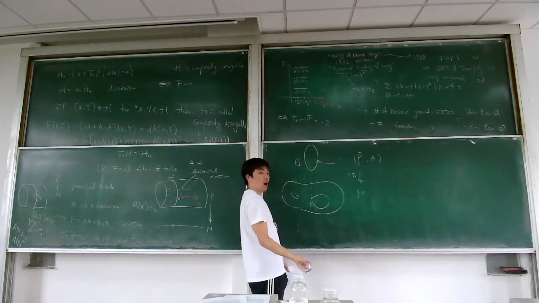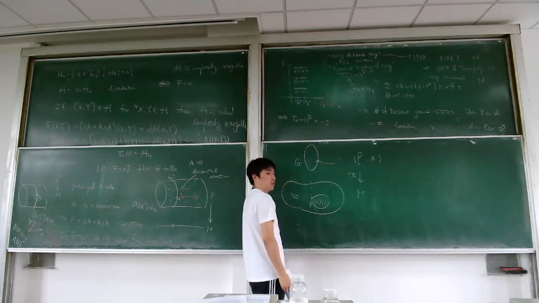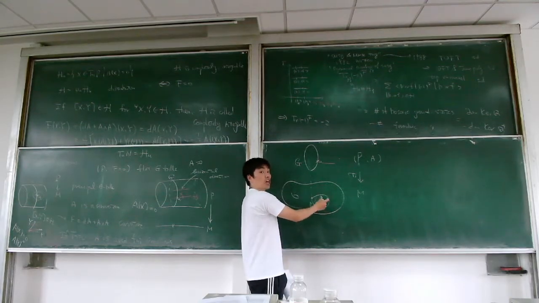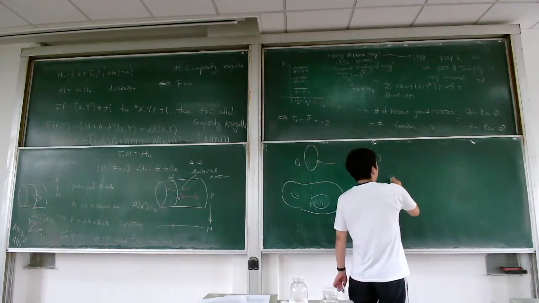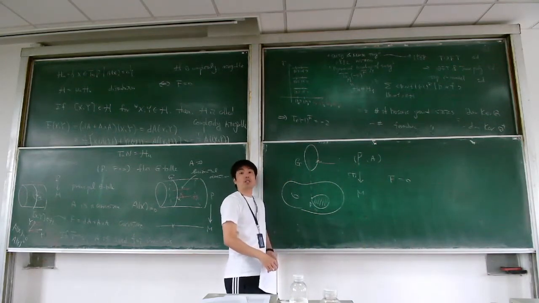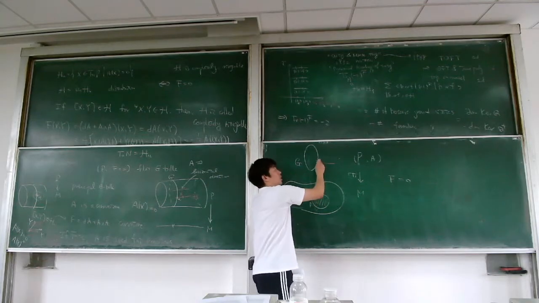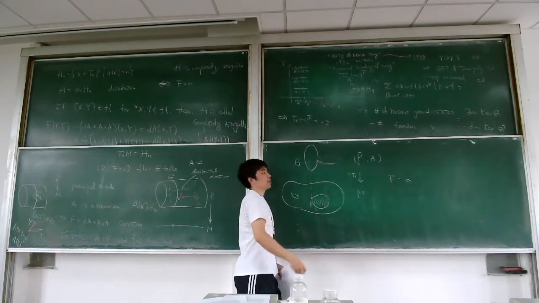If this loop is contractible, and F equals 0, that is, a flat connection, then when you come back, you have to come back to the original point, because of Stokes theorem.